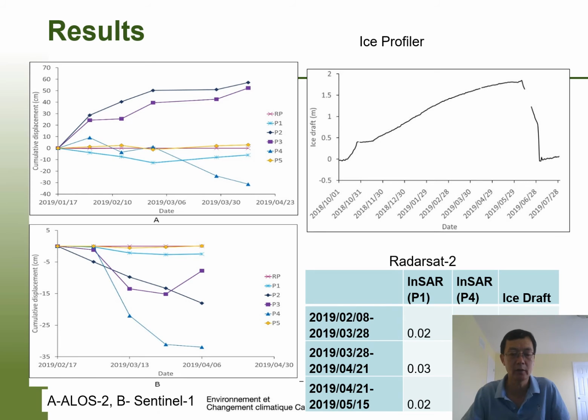However, in Sentinel-1, all of them are going down. This is the ice draft, telling the thickness changes, always rising from October to the end of June. And RADARSAT-2, only differential results available.